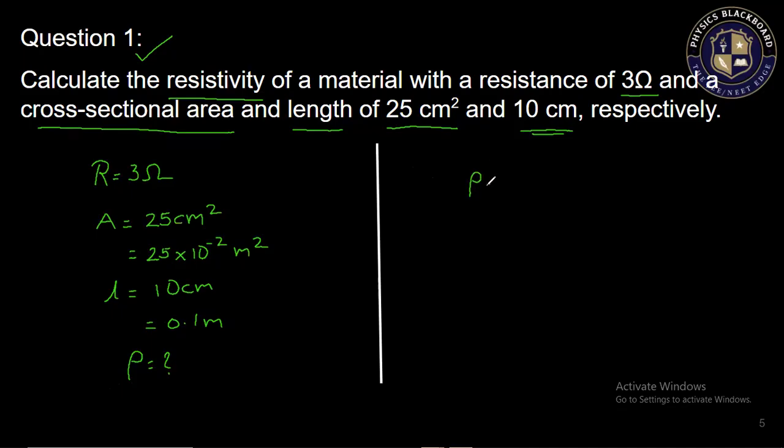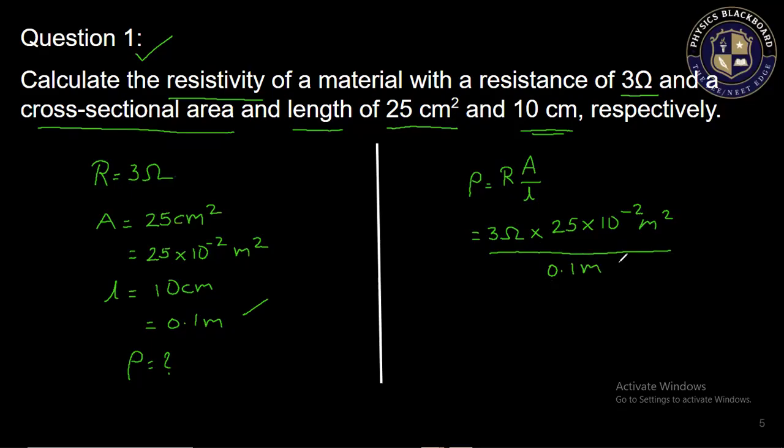So resistivity is equal to R into A by L. What is R here? 3 ohms, into what is the area of cross section? 25 into 10 power minus 2 meter square, divided by what is the length? 0.1 meter. Now the meter and square will get cancelled.